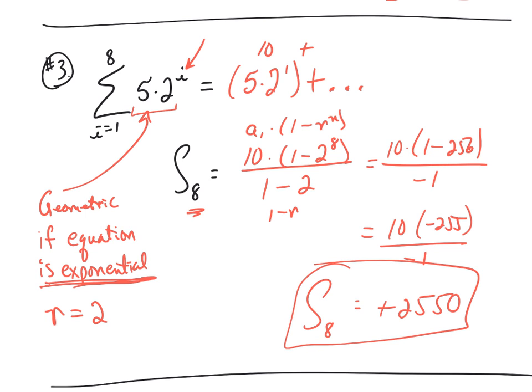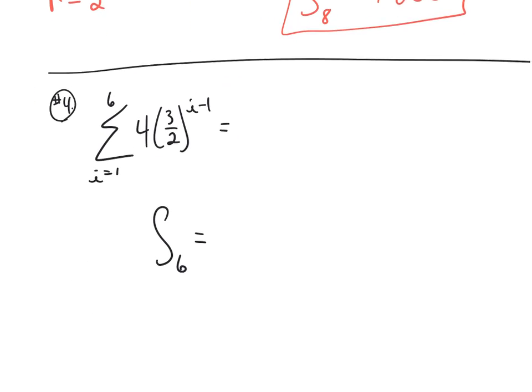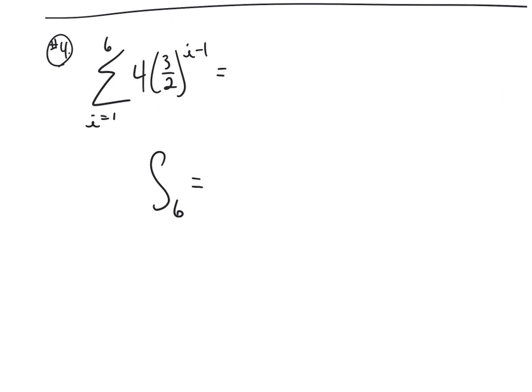Okay, and then to finish up, let's do one more written out in sigma notation. Again, we know it's going to be geometric if we have an exponential. Do we have a variable in the exponent? Yes. And also, the common ratio is going to be the number that's raised to the variable power.